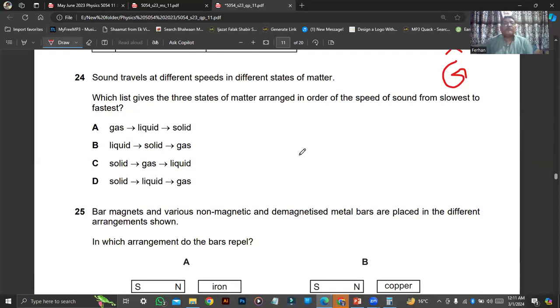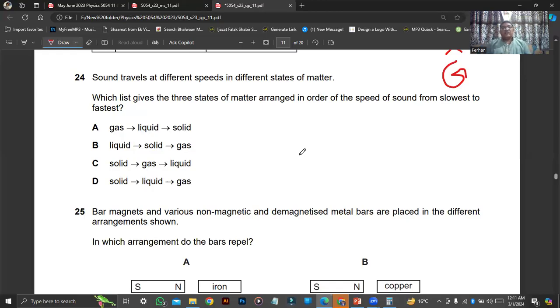Question number 24. Sound travels at different speeds in different states of matter. Which list gives the three states of matter arranged in order of the speed of sound from slowest to fastest? The sound is slowest in gas. For example, in air its speed is 330 meters per second.